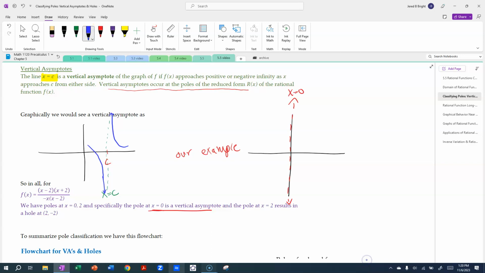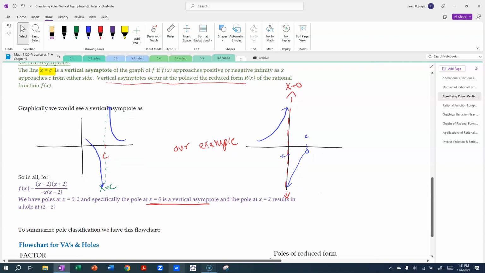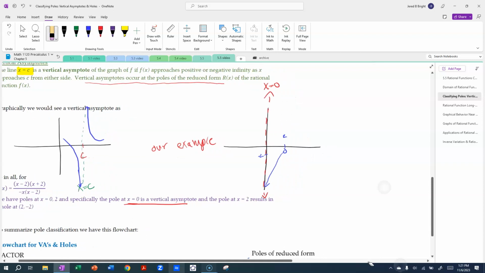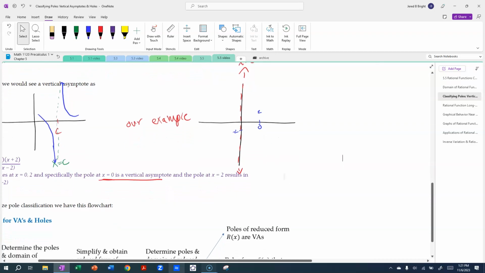And then I don't know what it looks like yet, but we're going to do some sort of hugging behavior, and we also know that at 2, -2 we have a hole there. But we have something like this maybe going on. I don't know if it goes up or down yet. We'll figure that out. But I at least know there's a line here at x is equal to 0 that I can't cross. And I have a hole at 2, -2.